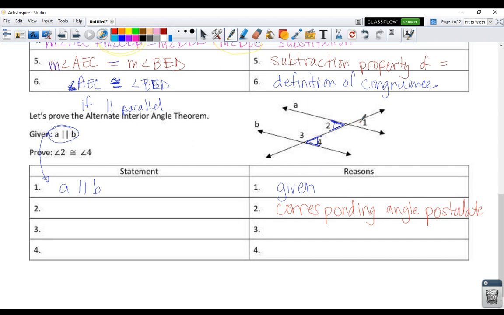Looking at this picture, hopefully you can recognize that angle 1 and angle 4 are in a corresponding position. So I'm going to write down that angle 1 is congruent to angle 4. Always when we have parallel lines, you have corresponding angles that are congruent.